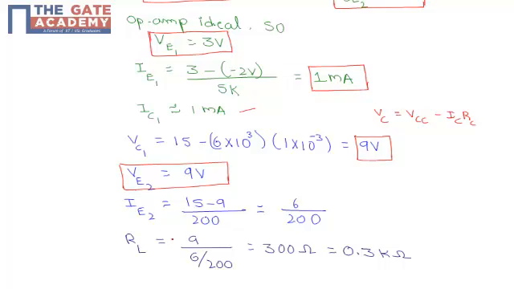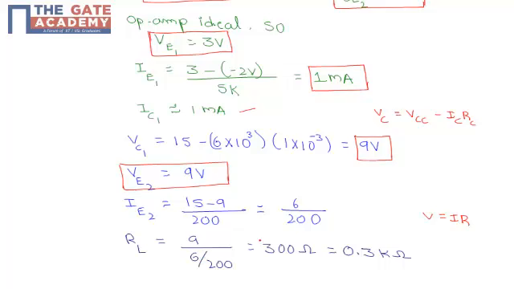After finding all these parameters, we need to calculate the resistance value, that is RL in transistor Q2. We know the general formula: voltage is equal to current into resistance. So RL is equal to V by I. RL is equal to 9 divided by 6 by 200.